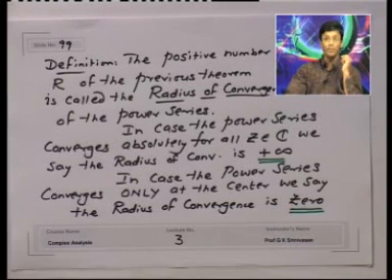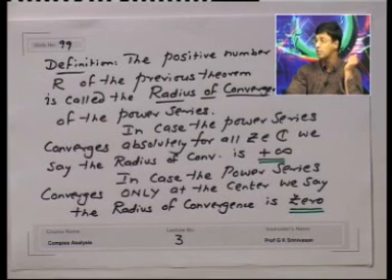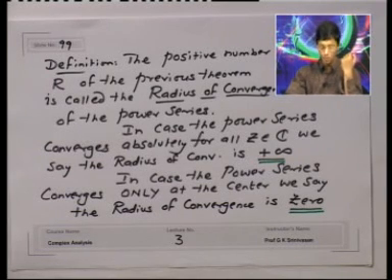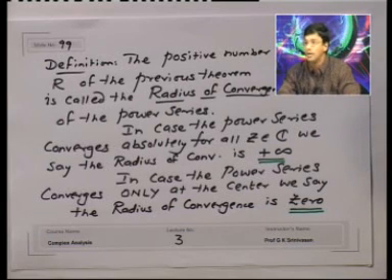If the power series converges everywhere, then we say that the radius of convergence is plus infinity. If the power series only converges at the center and nowhere else, then we will say that the power series has 0 radius of convergence.